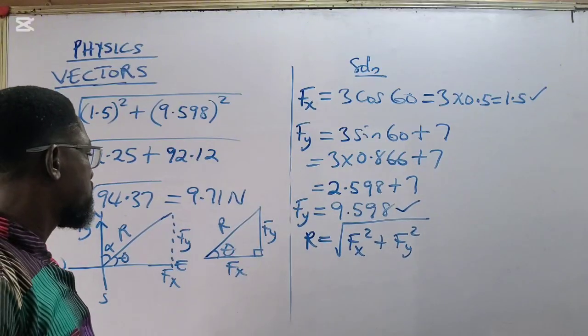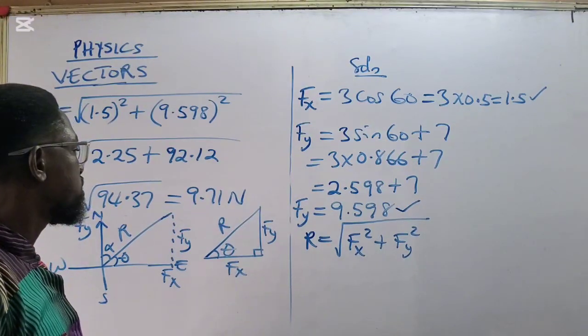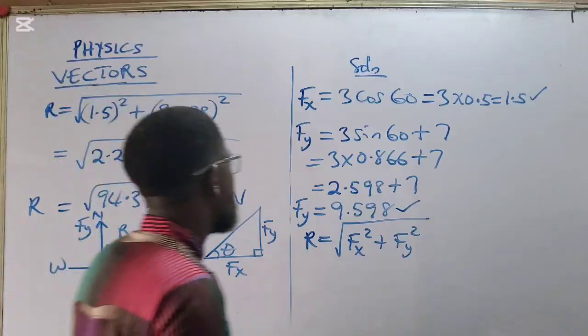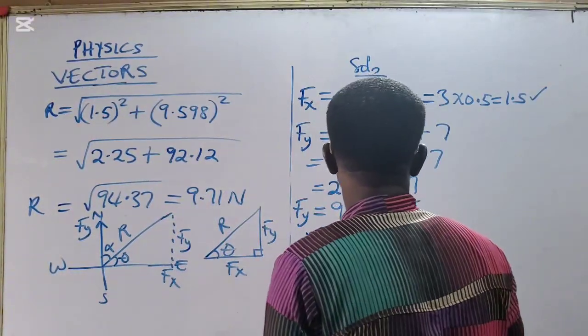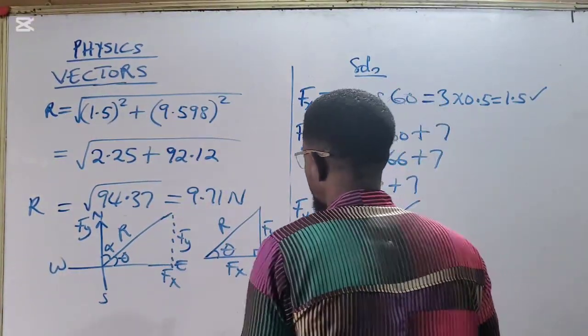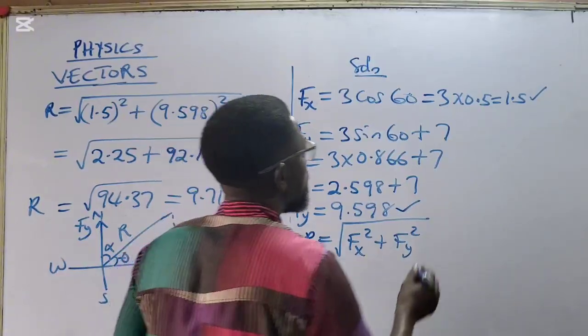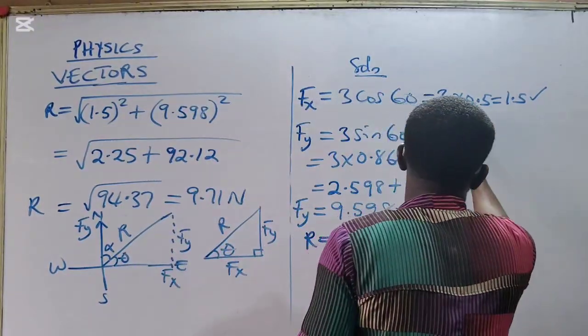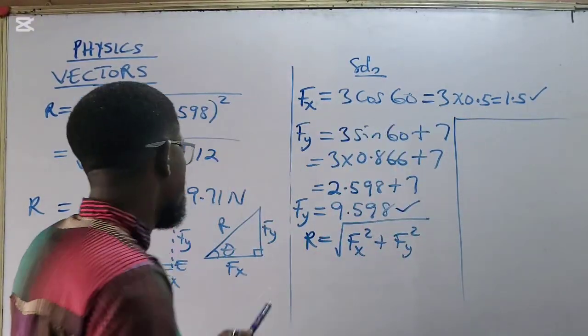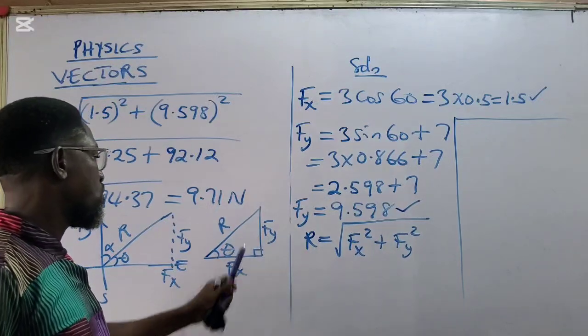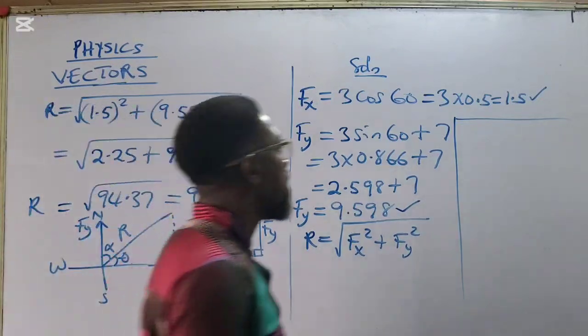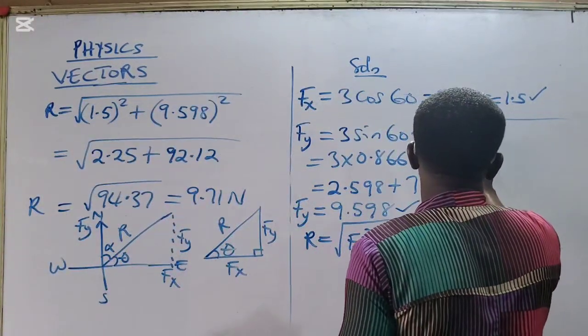Now we want the value of theta. We know the values of Fy and Fx. There's the opposite and there's the adjacent. Opposite over adjacent, that's tan theta from trigonometry.